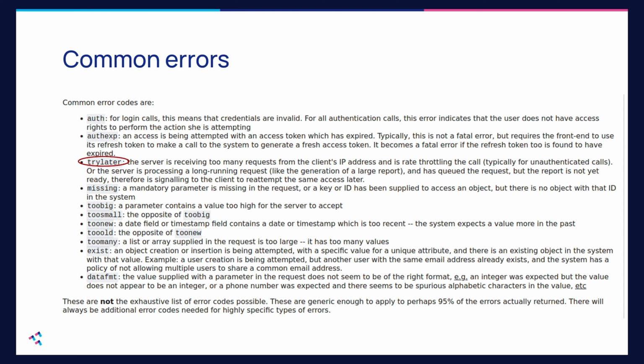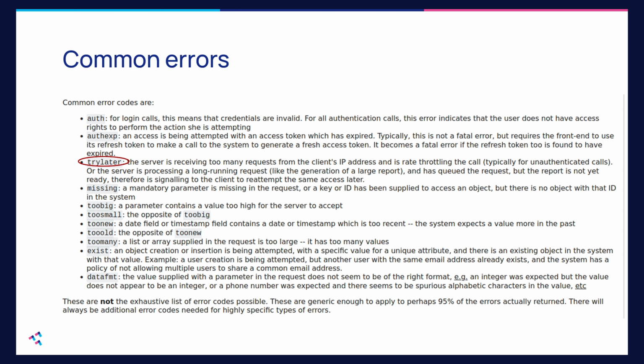The third error code, which is often returned by many web services, is try later. The try later error code is returned under 2 conditions. One, you are hitting the web service too frequently and the rate throttling code in our server-side stack has detected too high a frequency of requests.